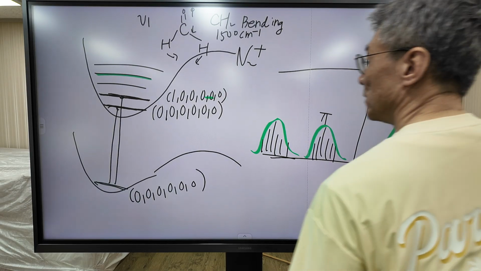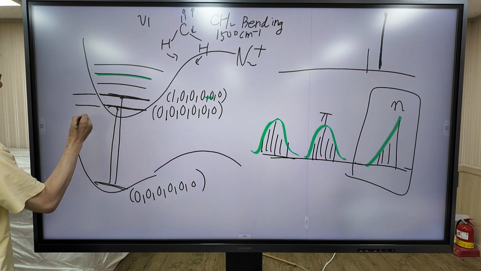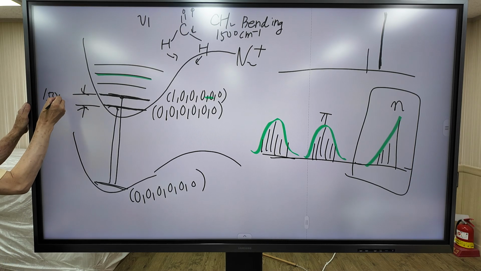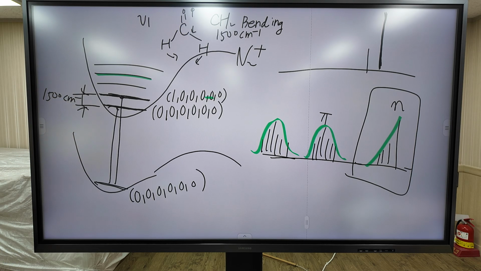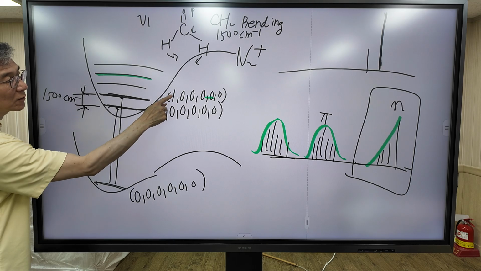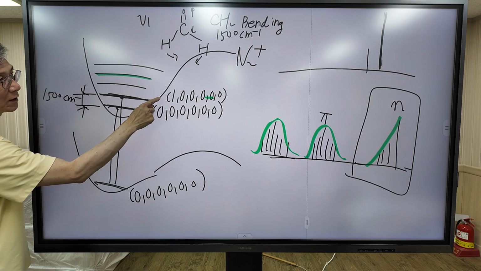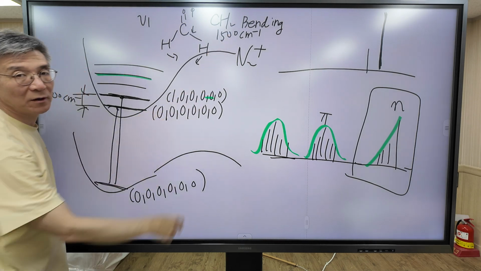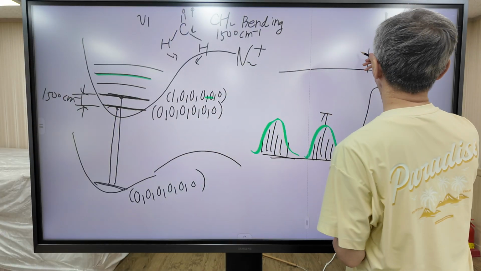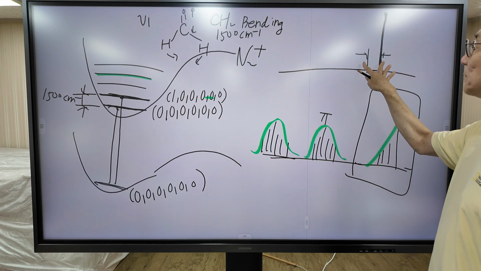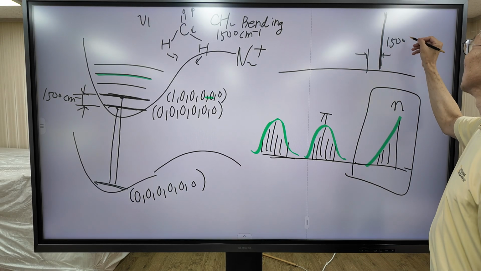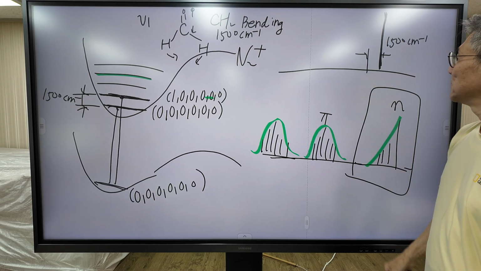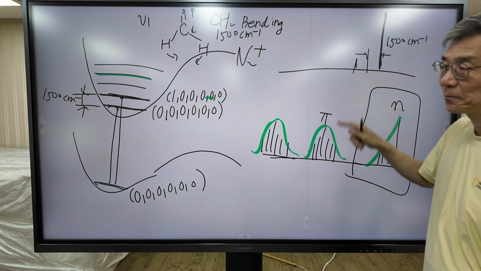So the distance between these two vibrational levels is 1500 wave number, because only the first vibrational quantum number changes from 0 to 1, and the vibrational spacing is 1500 wave number. So this peak spacing corresponds to 1500 wave number.